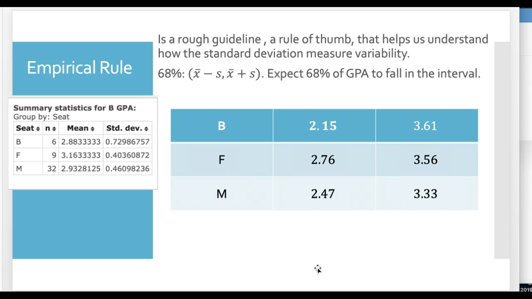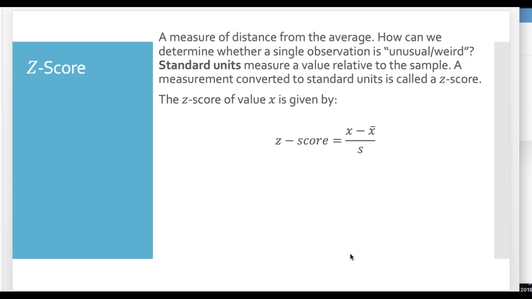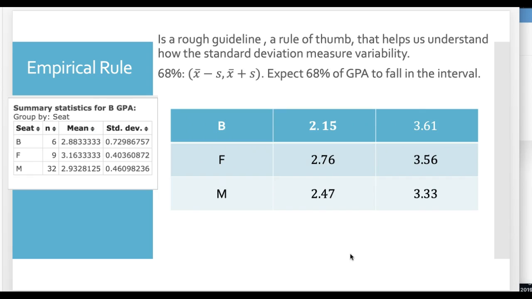In this example, we were working on seat location and GPA, and we did some examples in class and wrapped those up. As far as the empirical rule, you're looking at all the data at once.